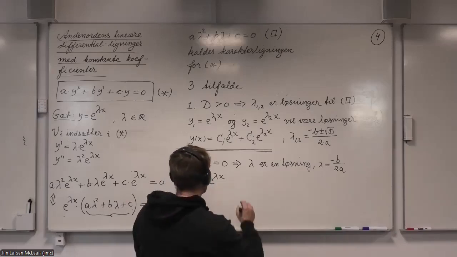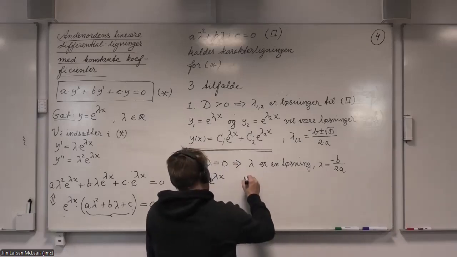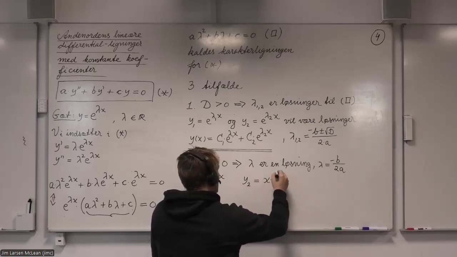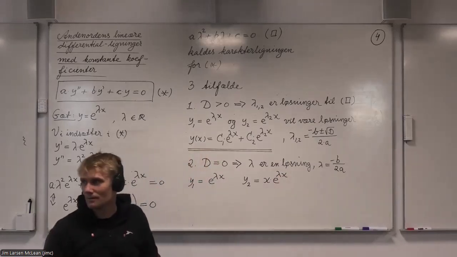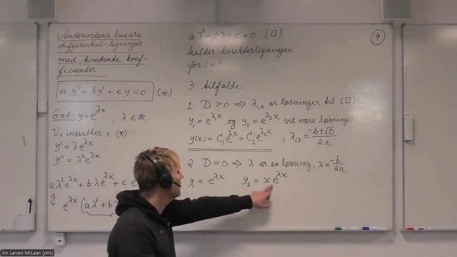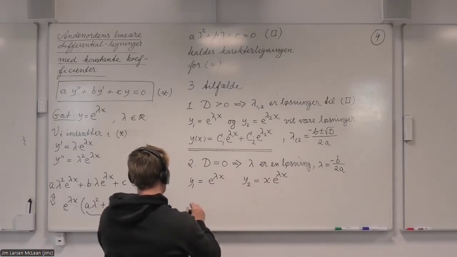And it can be proven, and I don't know if I'll have time to prove it, that you can find another solution, y2, by just taking x and multiplying by e to the power of lambda x. It becomes linearly independent from the first one. So now you just combine the two in a linear combination, and then you have the complete solution.